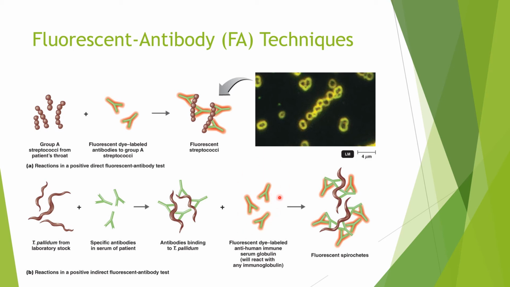Therefore, you're not going to see your bacteria fluorescing under the microscope because they were washed off, because they were not able to bind to anything. And that's how, again, we can use the fluorescence antibody technique to confirm whether the patient has that bacterial infection.